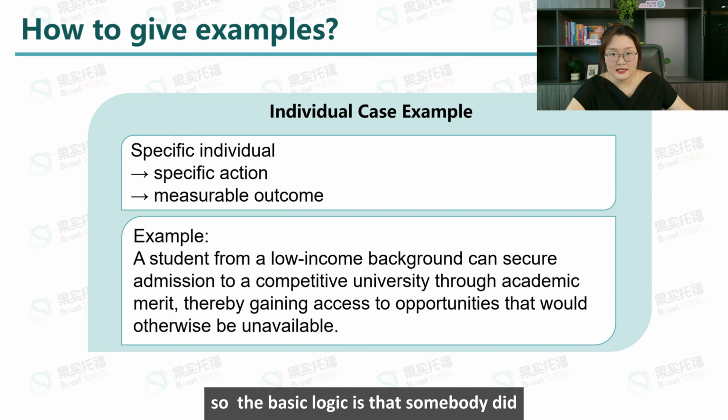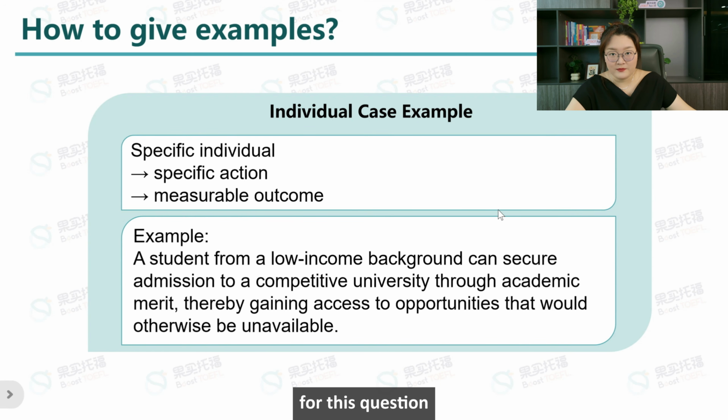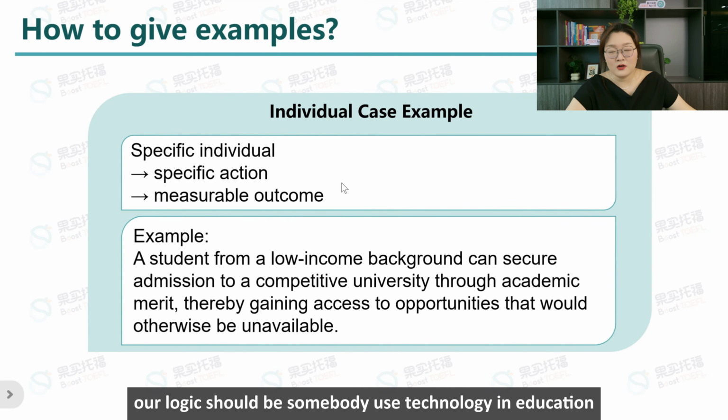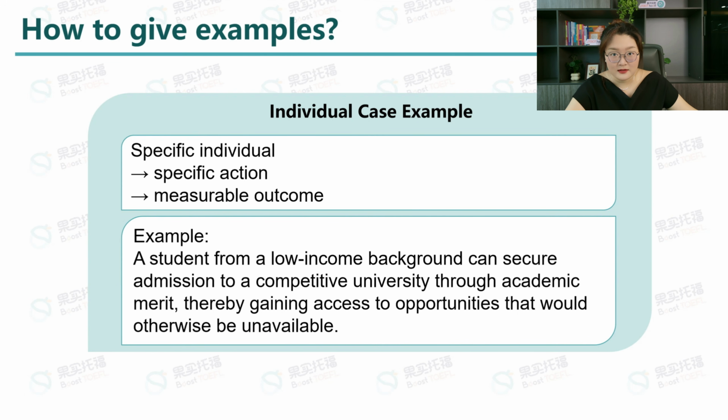So the basic logic is that somebody did something and gained a measurable outcome. For this question, our stance is that technology can provide equity. So our logic should be somebody used technology in education and then he or she gained equity, right?